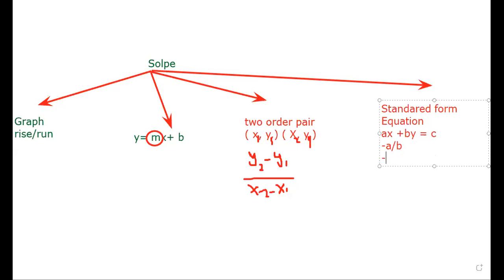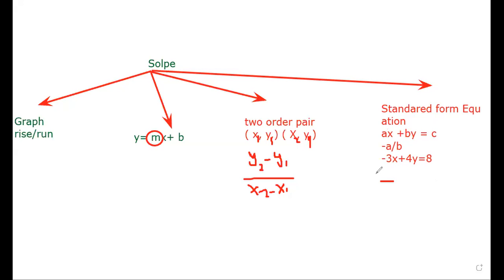If you have negative 3x plus 4y equals 8, how can we find the slope in this question directly? Negative a over b.